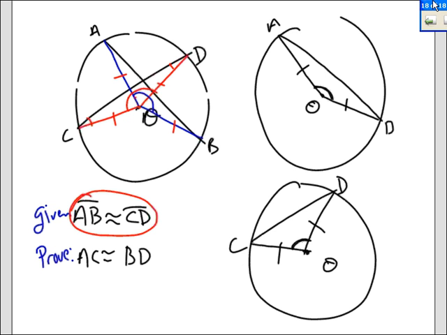So what we can say now is that arc CD is congruent to arc AB. Now, there's a point D right here, and there's a point C right here.